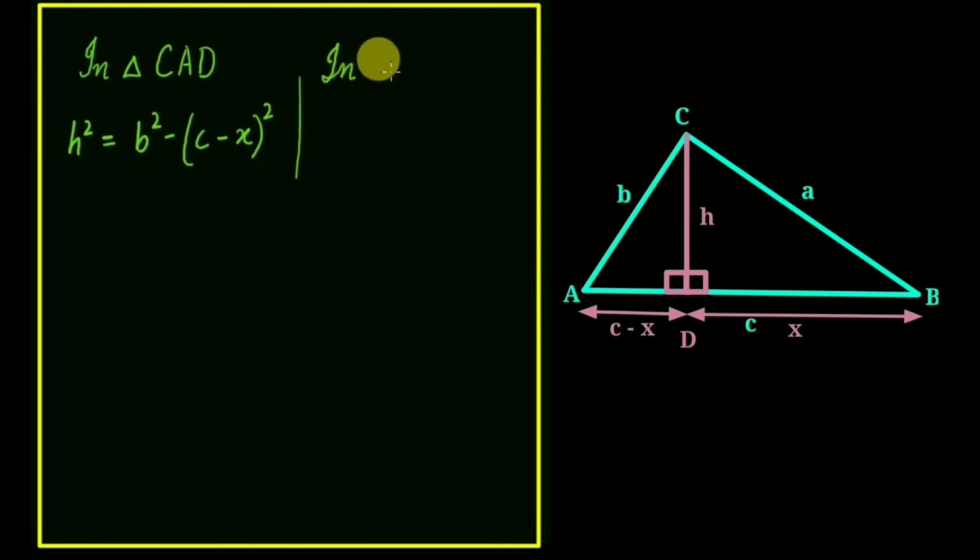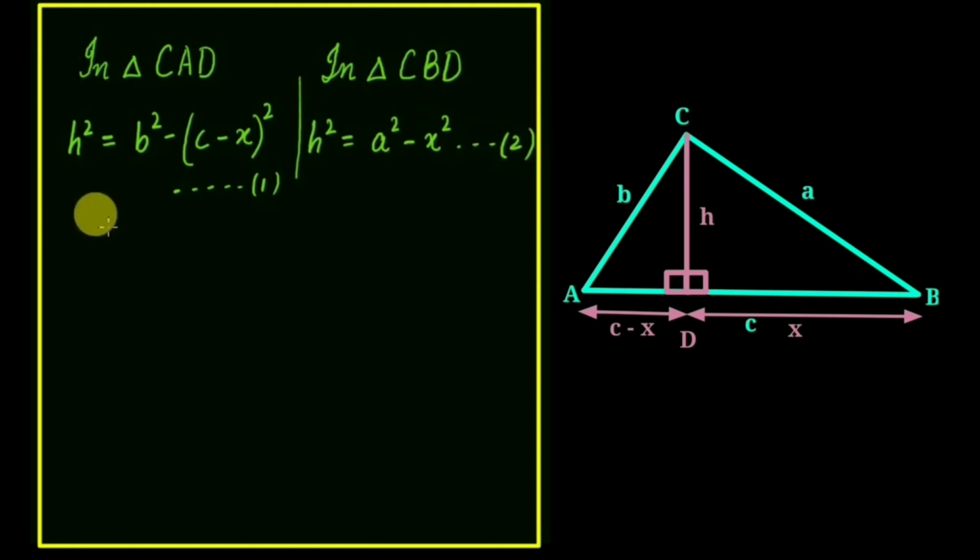And similarly in triangle CBD, since the hypotenuse, the longest side, is CB, we can write here h square is equal to a square minus x square. So let this be the first equation and this be the second.